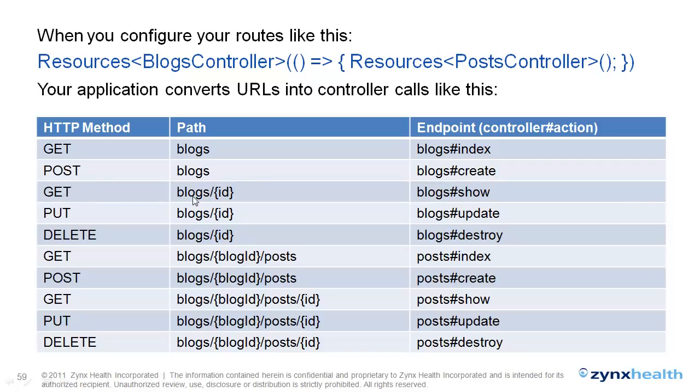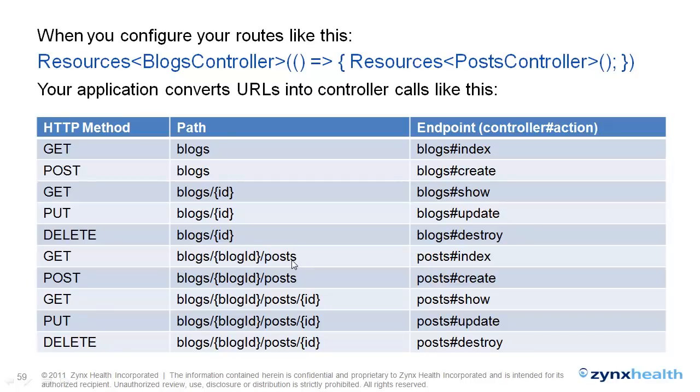Get of a blog with an ID, in other words, as you remember here, now we are identifying an individual resource because we're providing an ID, then you will invoke the show action method on the controller, and that show method will get that ID as a parameter. Same thing for put, as you can imagine, except now the action method is update, and same thing for delete, except the action method is destroy.